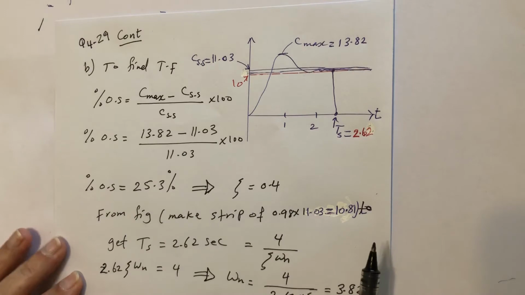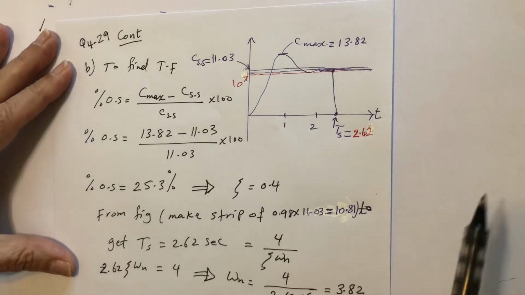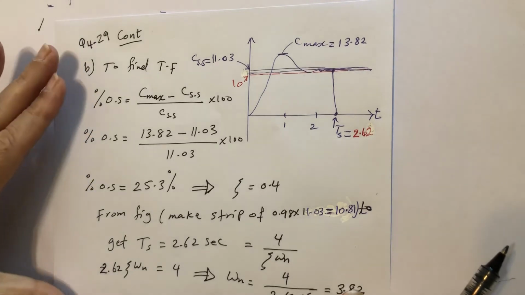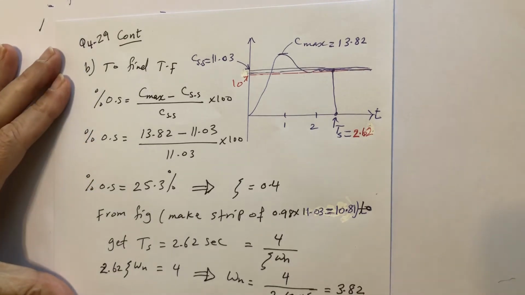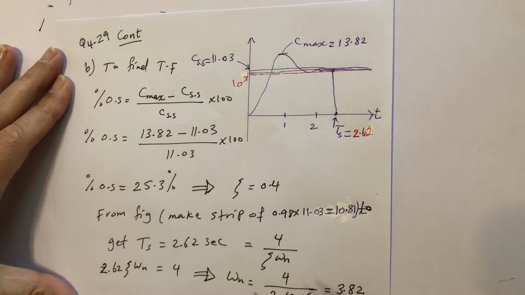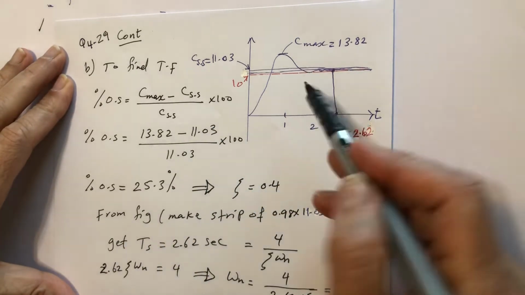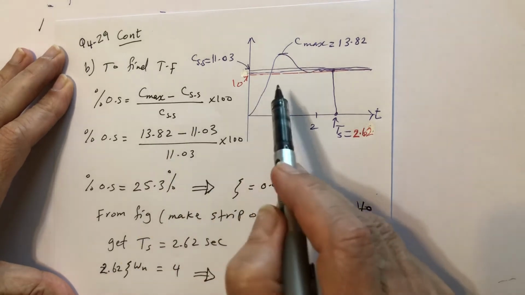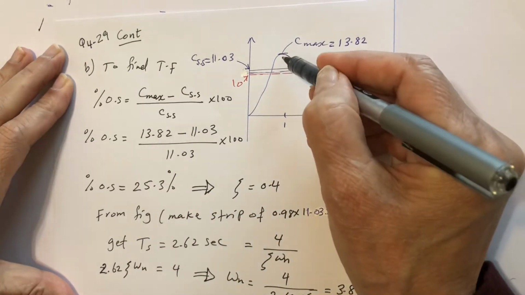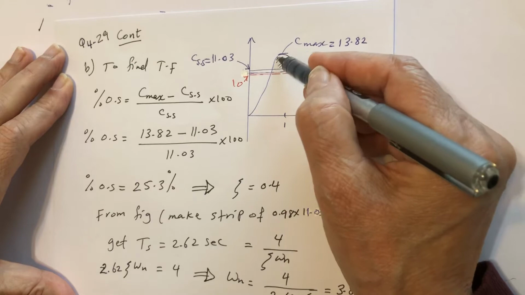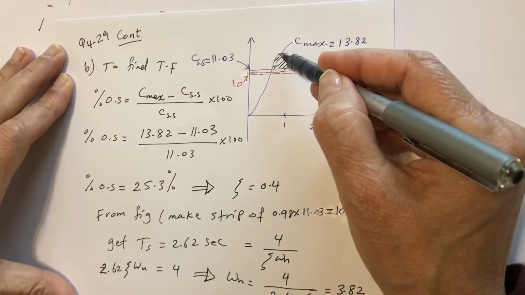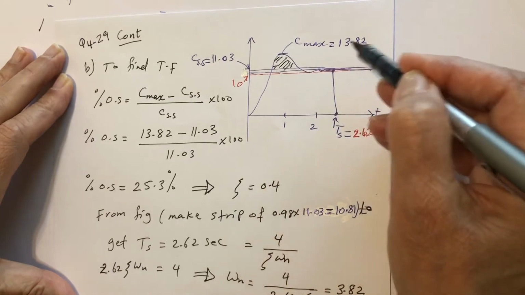So let's start. To find the transfer function, what do we need? We need to find zeta, omega n, and of course the gain. First, how do we find the percent overshoot? We say that C max, this is the value from here to here, is 13.82.